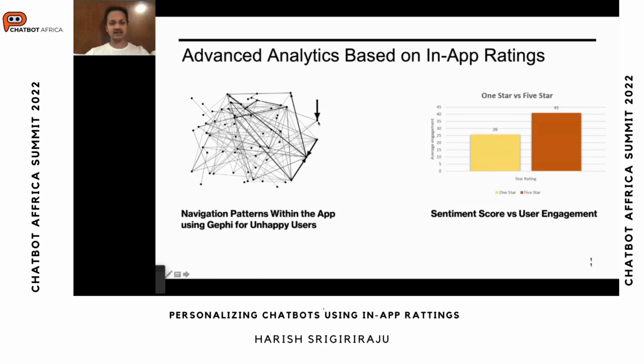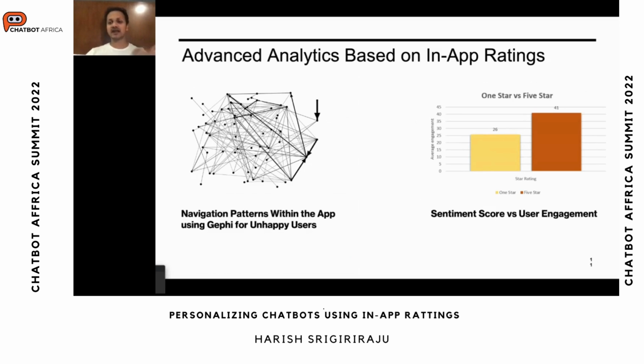So you can see how users are navigating within the application and see, are there any dead ends, are people confused about something in terms of the user experience, and are they talking about it in the chatbot? Again, combining network analysis and chatbot rating, you can see what the users' issues are in terms of the navigation itself.